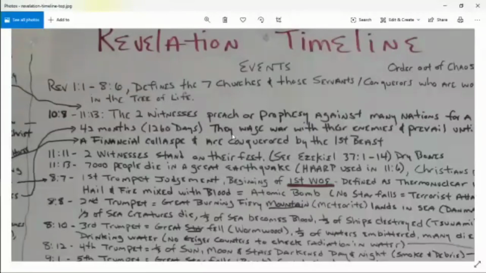So the 2 witnesses, one way of looking at it is these 2 empires that also teach the message of Christ, because when you go to chapter 7, it gives you the list of Israelites, and when you go to chapter 14, it tells you that they follow God's law and teach the message of Christ, and that's also duplicated in chapter 12, 17. These people defined in chapter 12, the crown of 12 stars, follow God's law and teach the message of Christ. So we're talking about empires of people who follow God's law, teach the message of Christ. That's the context. Okay. If you look at the overall.